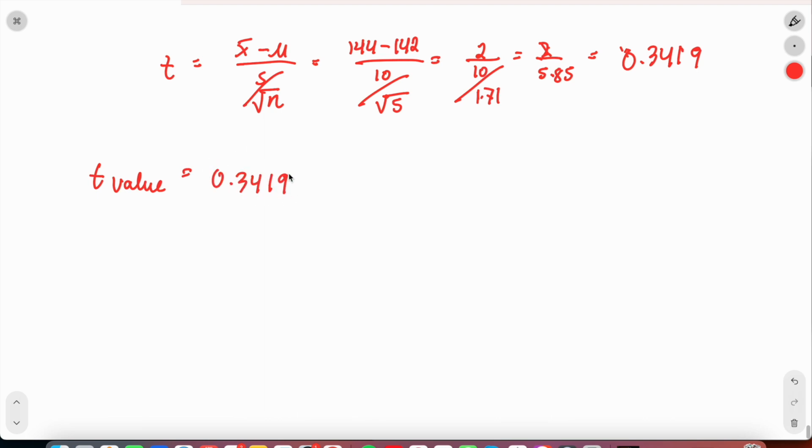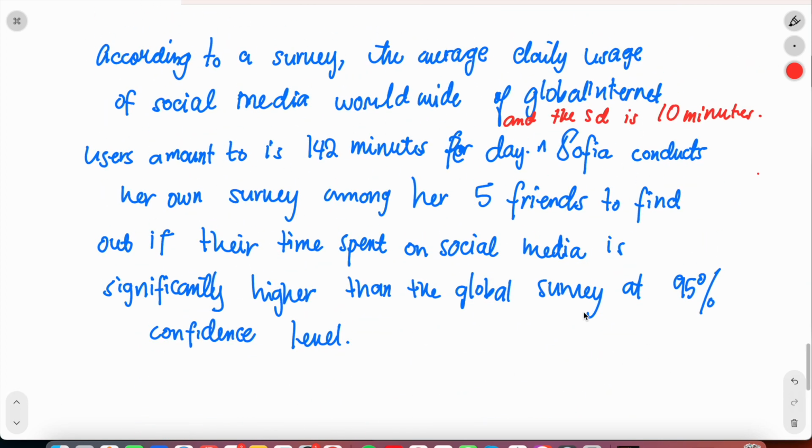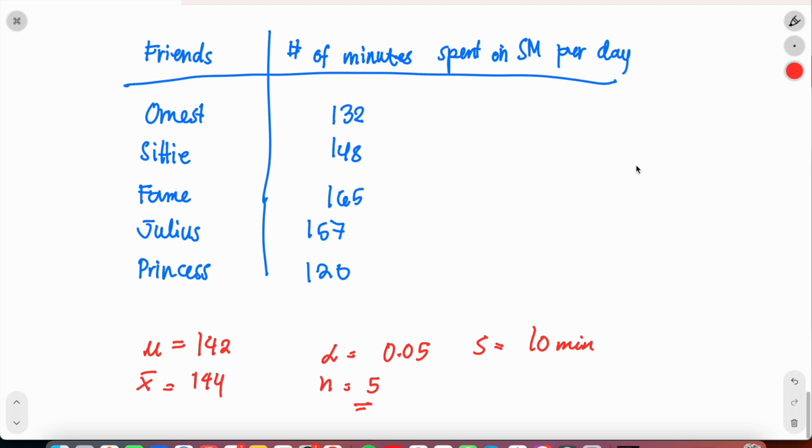In conducting hypothesis testing, the order should come first: stating the H0 and HA. So what is the null hypothesis? Here, Sophia conducts her own survey among her 5 friends to find out if their time spent on social media is significantly higher than the global survey at 95% confidence level.